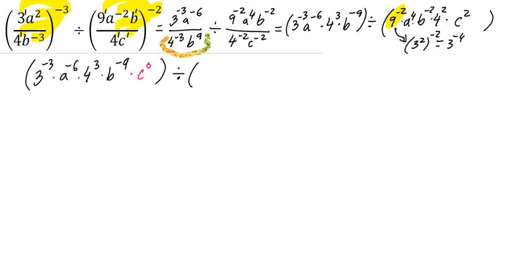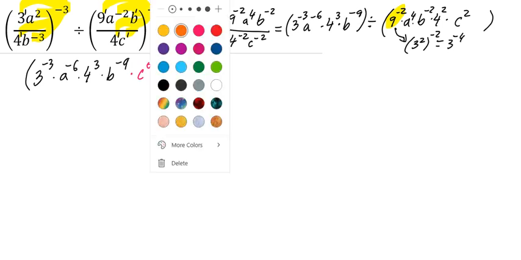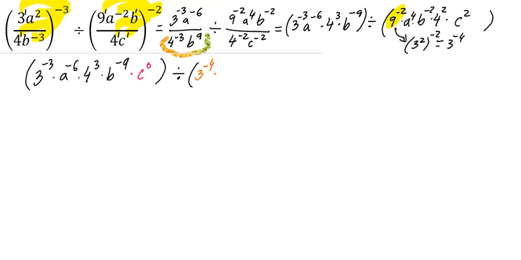So instead of writing 9 to the -2nd, I will write 3 to the -4 because that has absolutely the same value. The rest of the expression I'll just copy, so that's a to the 4th times b to the -2nd times 4 to the 2nd times c to the 2nd.